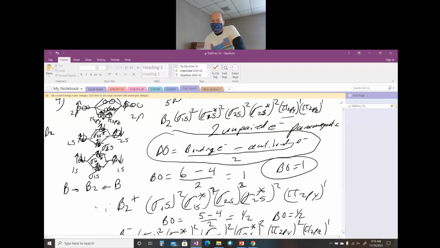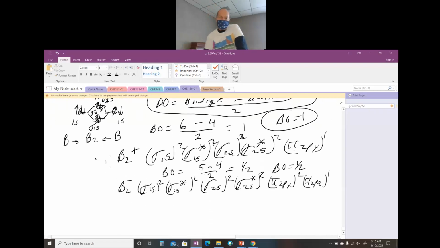So my 2py is now 2 electrons in my 2py. And then I find my bond order. I add up my bonding electrons, 2, 4, 6, 7 bonding electrons.